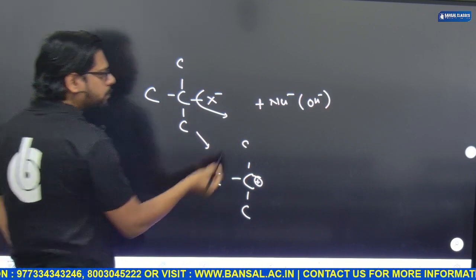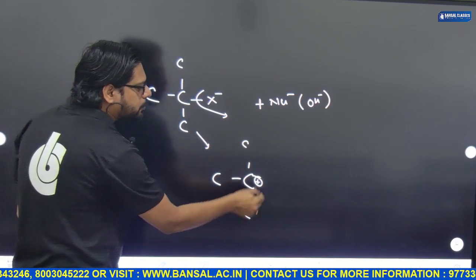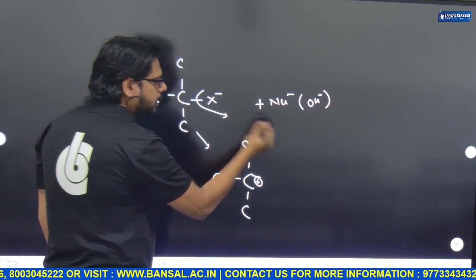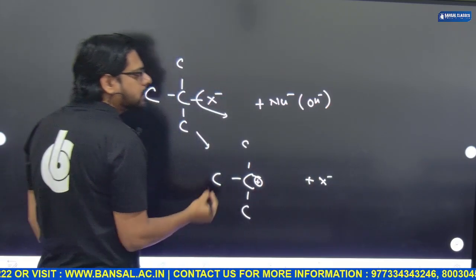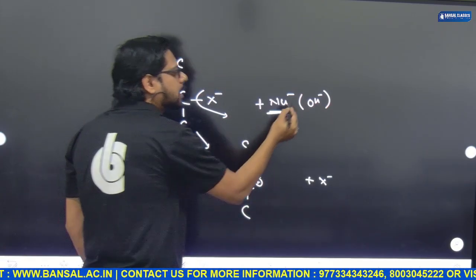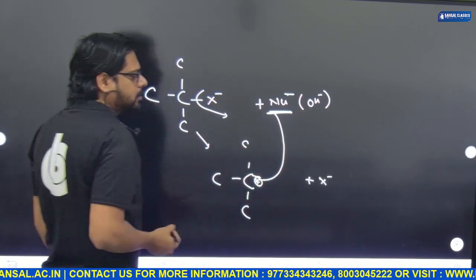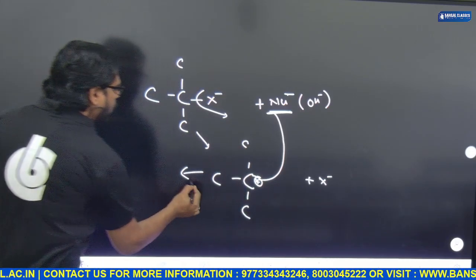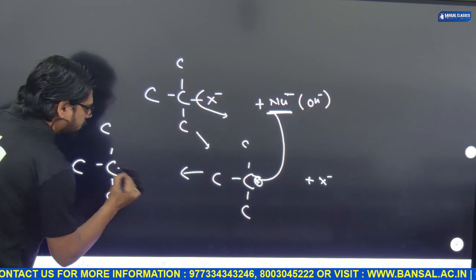So basically, what is going to happen here? It's a 3 degree carbocation which is stable, and X has been removed from here. But we do have a nucleophile which has a negative charge. It will get attracted towards carbon, and it will form a compound something like this.